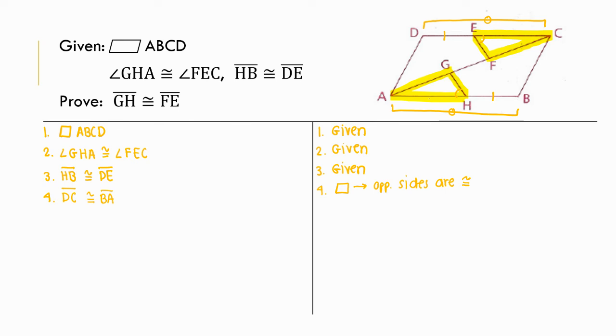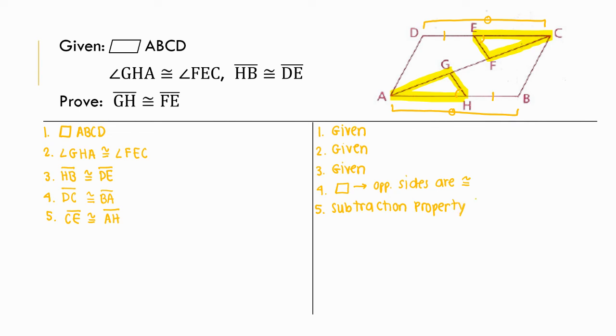CE and AH are a part of those big sides. So if I could start with something big and I want to prove something small, I can do that through subtraction. So my fifth step is that the segment of CE is congruent to the segment of AH, and that's because of the subtraction property.